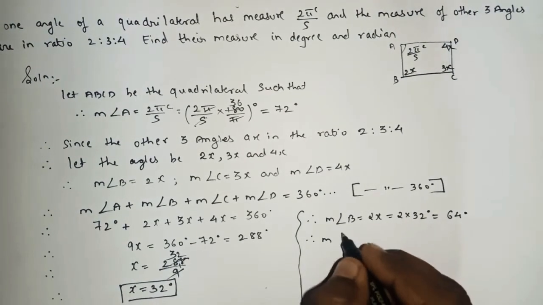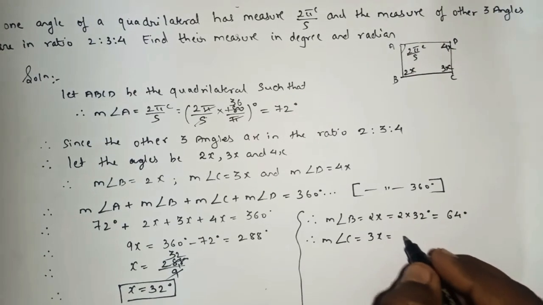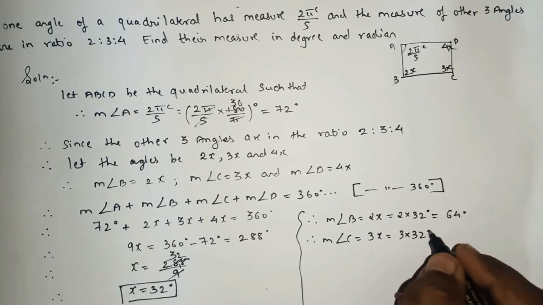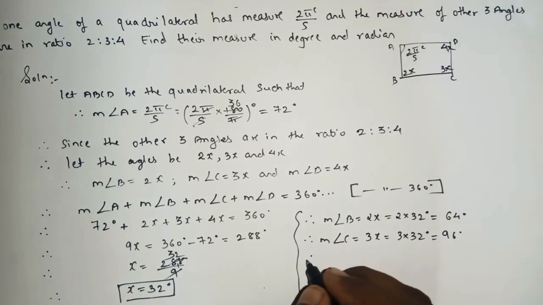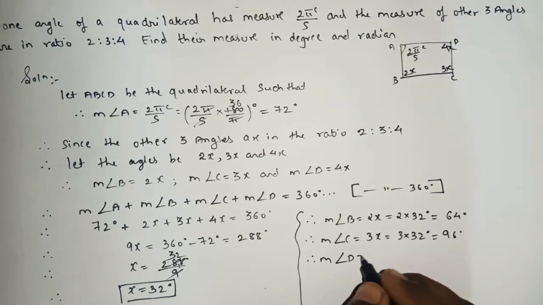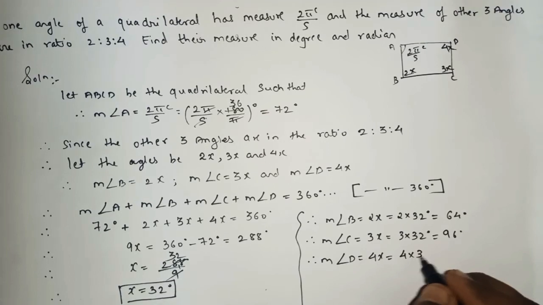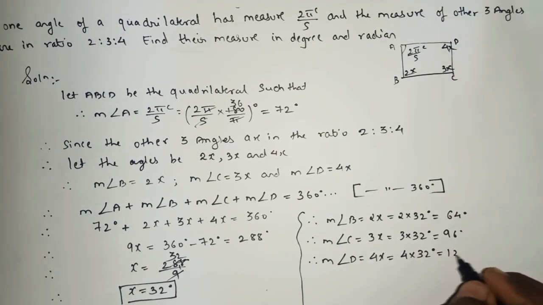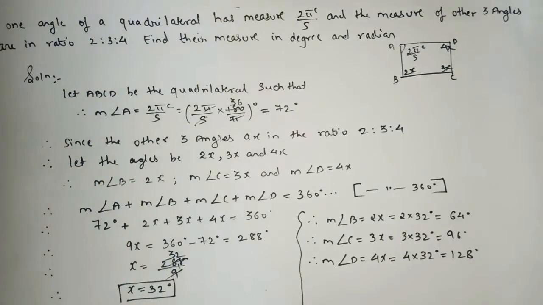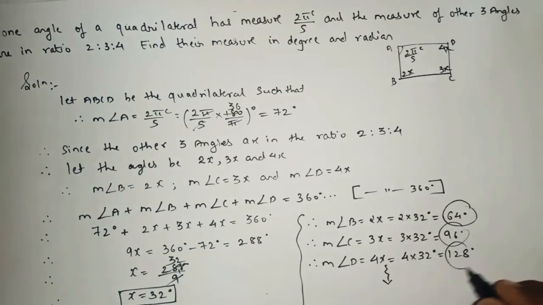Angle C is 3x, so 3 into 32 is 96 degree. And angle D is 4x, so 4 into 32 is 128 degree.